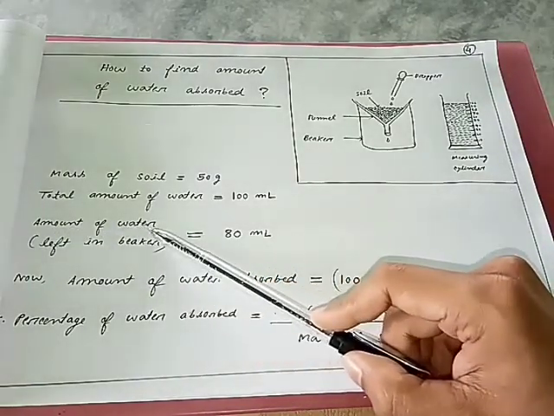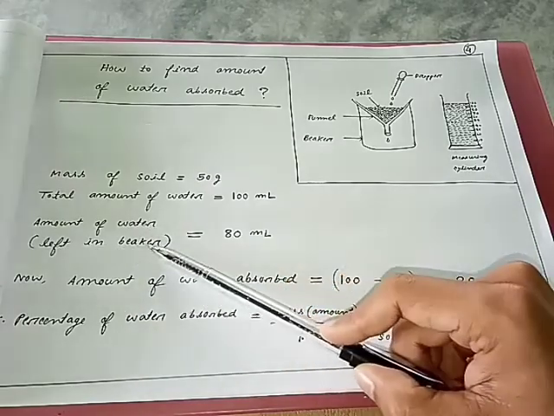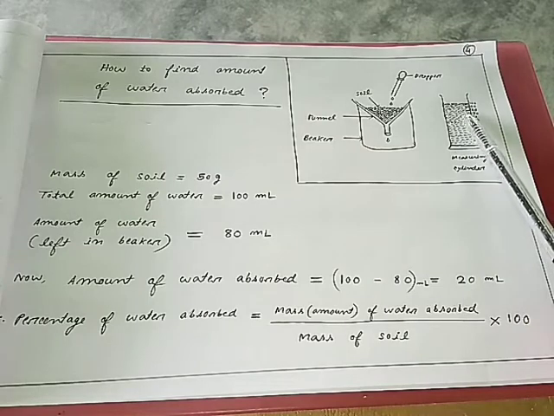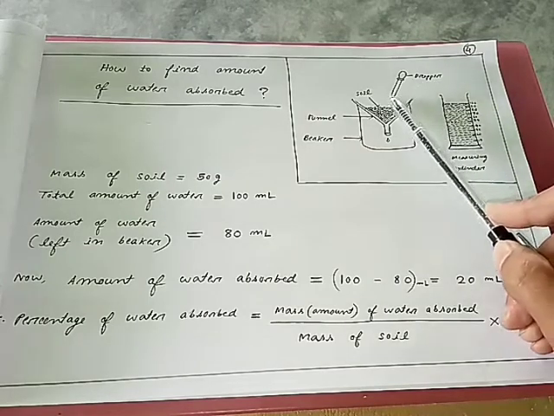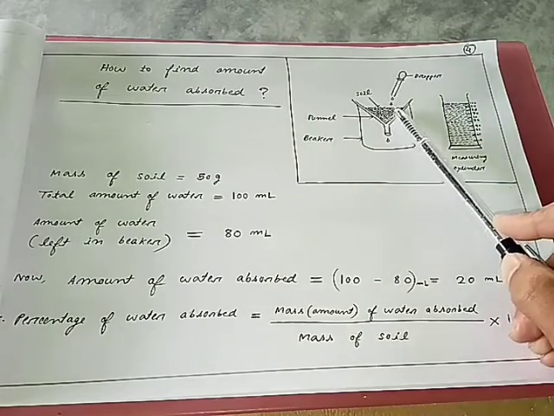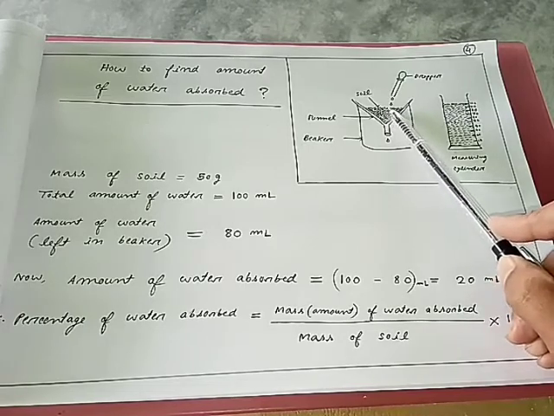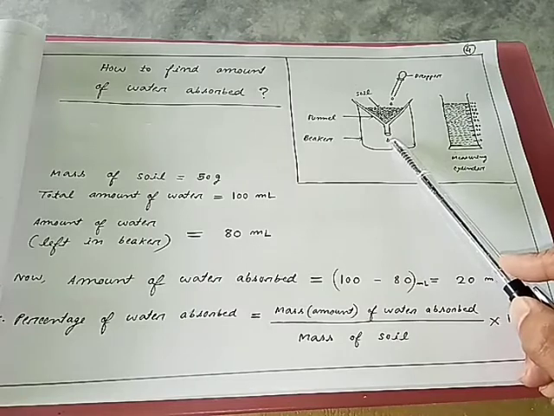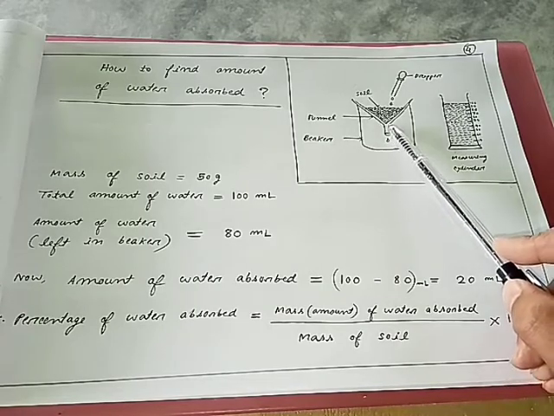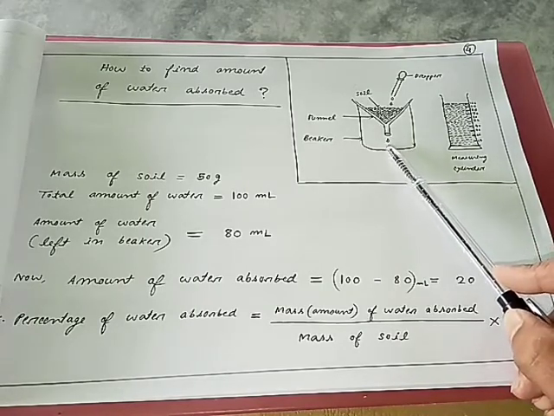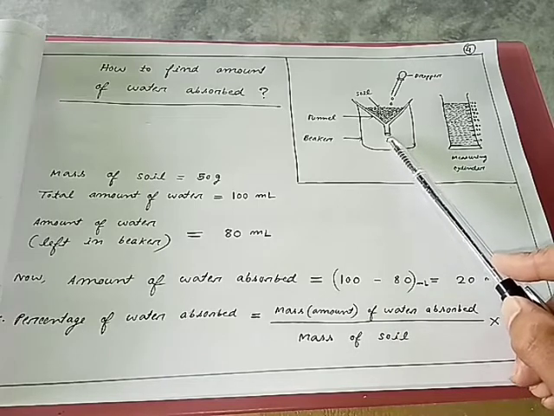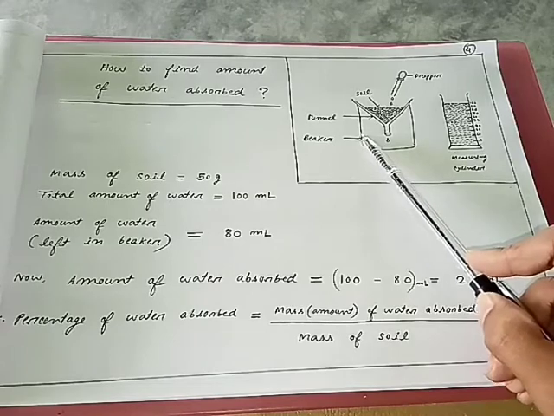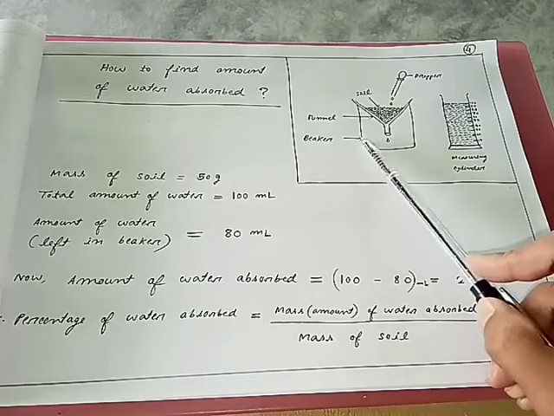The amount of water which is left in the beaker is 80 ml. We are pouring 100 ml water onto this soil, then some amount of water gets absorbed by the soil and some amount of water is percolated from this funnel, and whatever amount is percolated will be collected in this beaker.